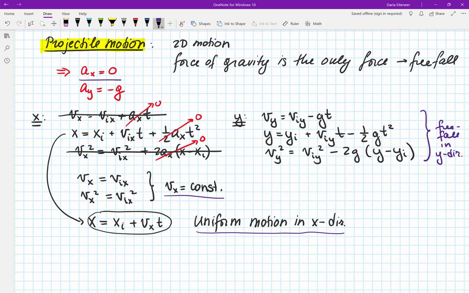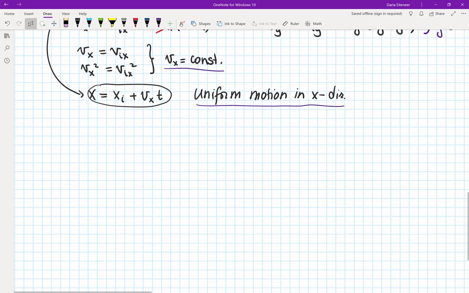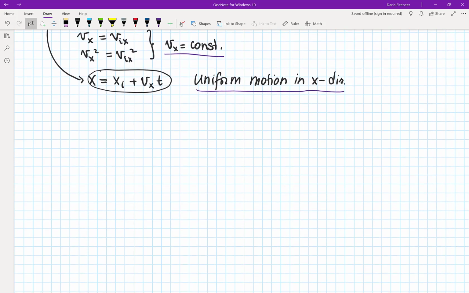So we'll do a few examples in the next set of lecture notes, and also develop this idea a little bit more. I'll show you different things that you can do with projectile motion, but I'm just going to draw this picture really quickly just so that you have a starting point.